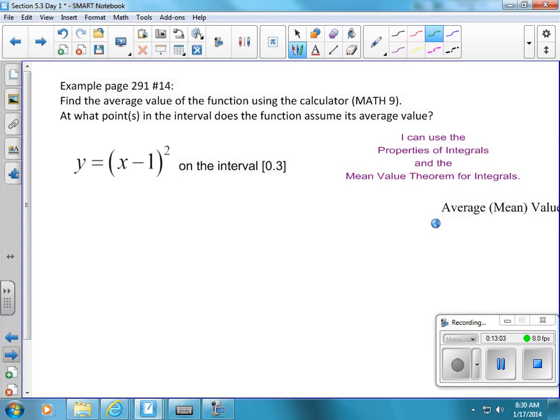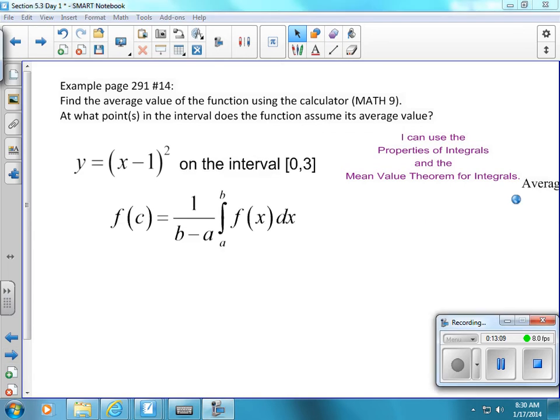All right, so we're going to use our equation from the previous slide. So let me get that. All right, so here's our equation. This is similar to the other mean value theorem we did with derivatives, and the equation should look a little simpler. So we're going to take the function at c.